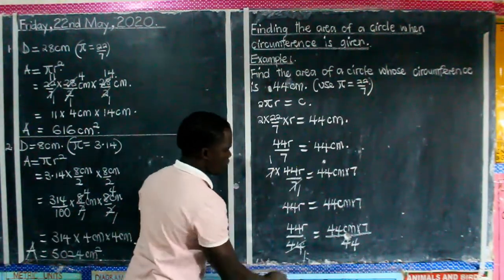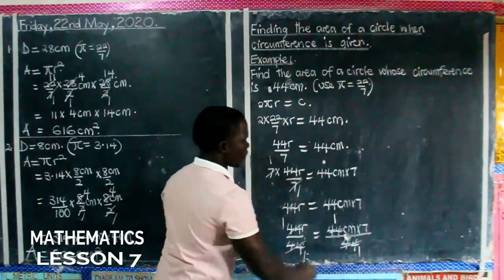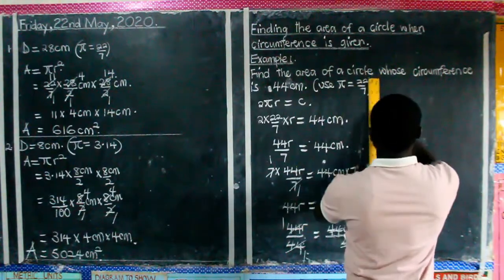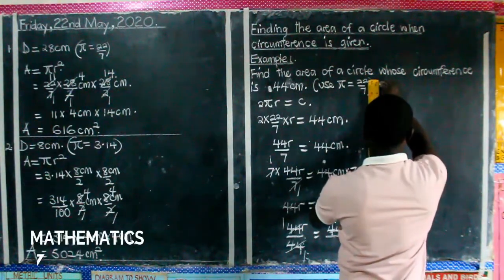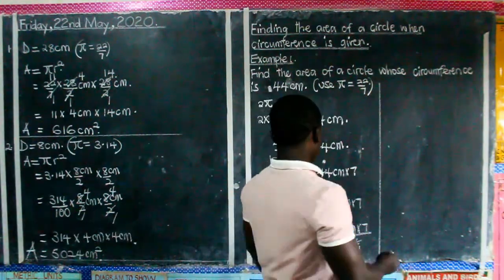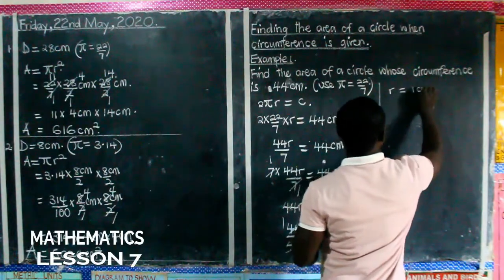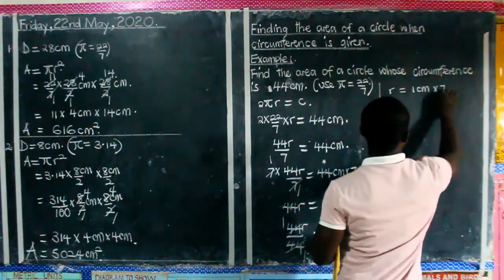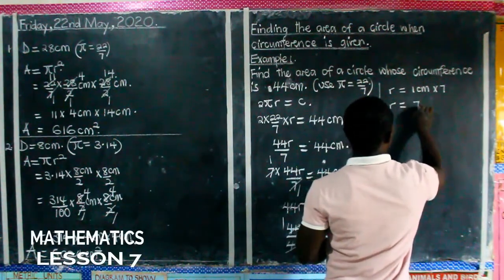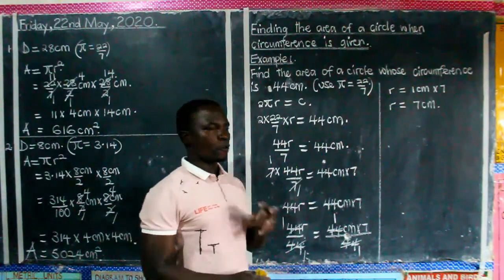By 44 once, by 44 once. Okay? So we are still continuing, and we see how we can first of all get the radius. R equals 1 centimeter times 7, and the radius equals 7 centimeters. Now the question is asking for area.